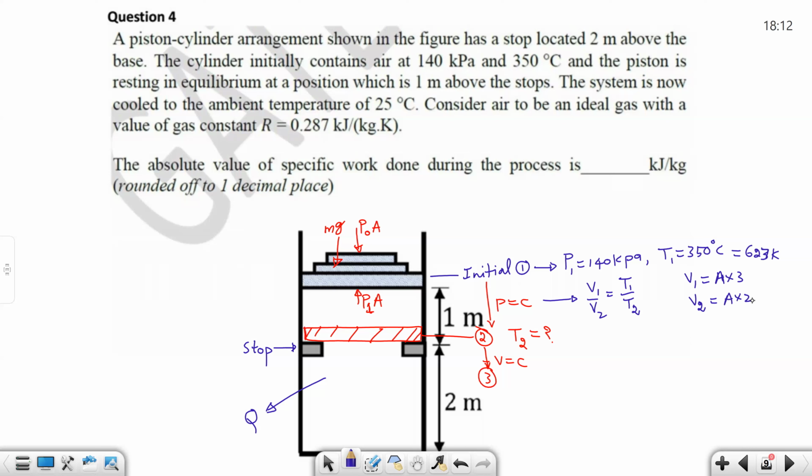So T1 by T2 equals V1 by V2, 3 by 2, 1.5. So T2 is equal to T1 by 1.5. T1 is 623, we should not substitute in degrees, it must be in Kelvin. So now let's see what that is.